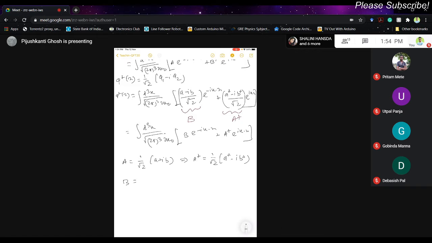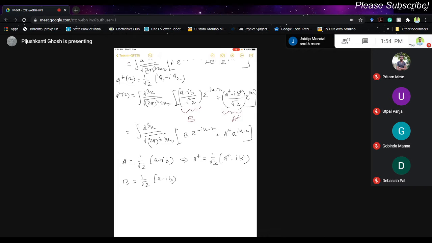B as 1 by root over 2 (A minus iB). Don't get confused. I mean, B is A dagger because A and B are not Hermitian operators. A and B are non-Hermitian. So that's why A will change to A dagger, B will change to B dagger, and i will change to minus i.